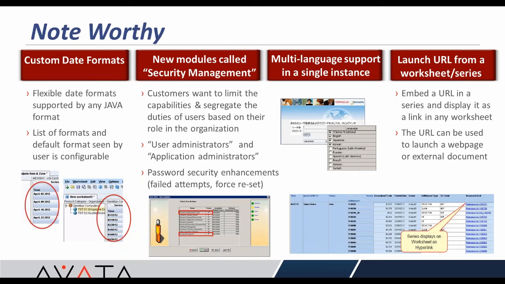Yes. One of the great examples for launching a URL is when we were implementing PTP at a retail client. Essentially, at Go Live, we were importing promotions from a legacy system. So one of the key requirements was, sitting in Demantra on a worksheet, how can I validate the promotions that were imported from the legacy system?